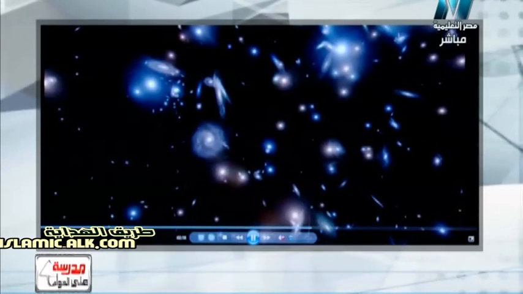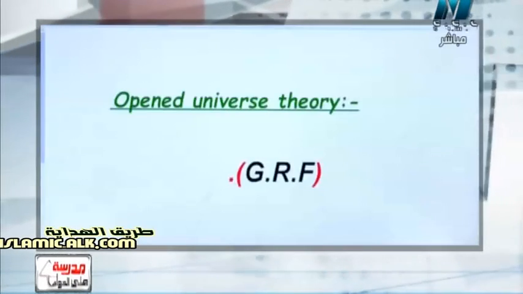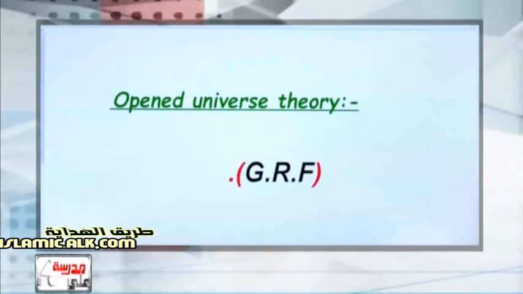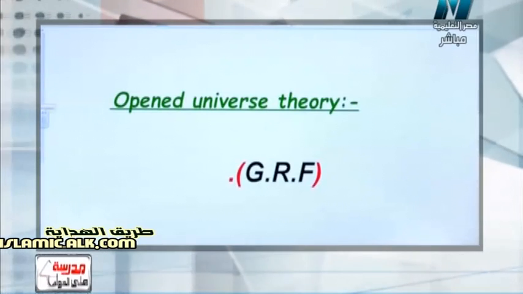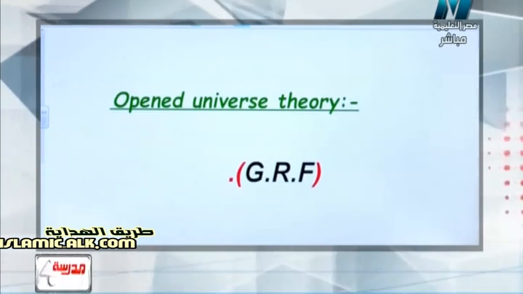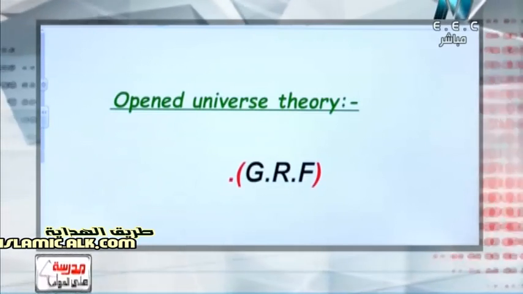Spiral galaxy. Let's go back to the lesson. We have the open universe theory. It is not a theory like the Big Bang theory, but we explain here the give reason question. She asked why the universe is in continuous expansion. We answered that there is continuous motion and continuous separation between the galaxies.